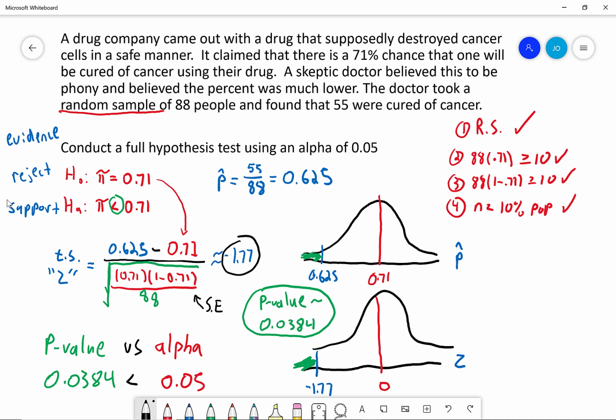How different is our sample proportion from our population proportion in terms of standard errors? Well, it's 1.77 standard errors below. That's how far our sample proportion is from the population proportion.